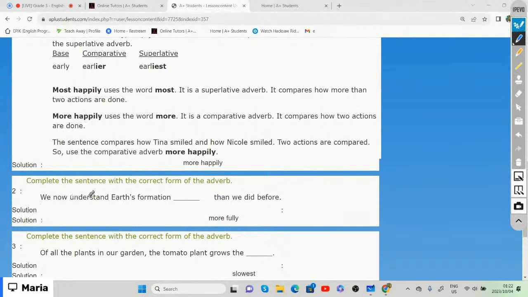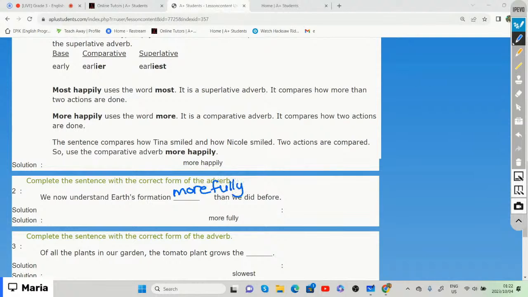We now understand Earth's formation than we did before. And the word that we can add there is more fully. More fully than we did before.